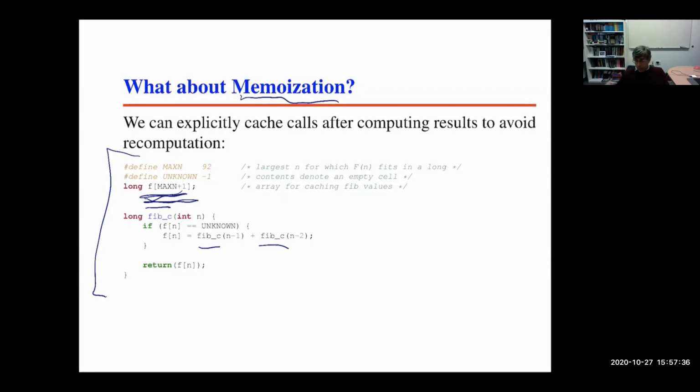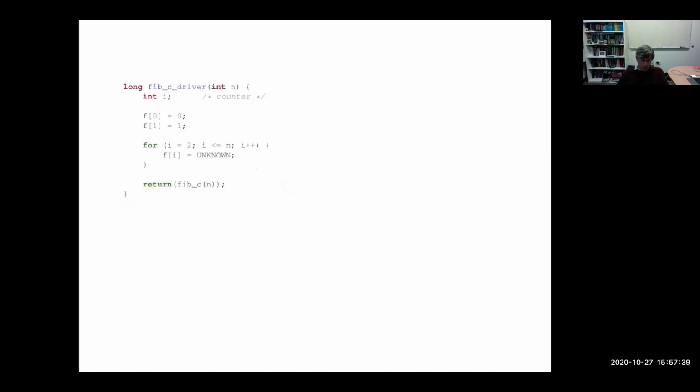When I initialize this, F of 0 is 0, f of 1 is 1. Originally, every other value, f of 2 through f of n, is unknown. I don't know the answer yet.